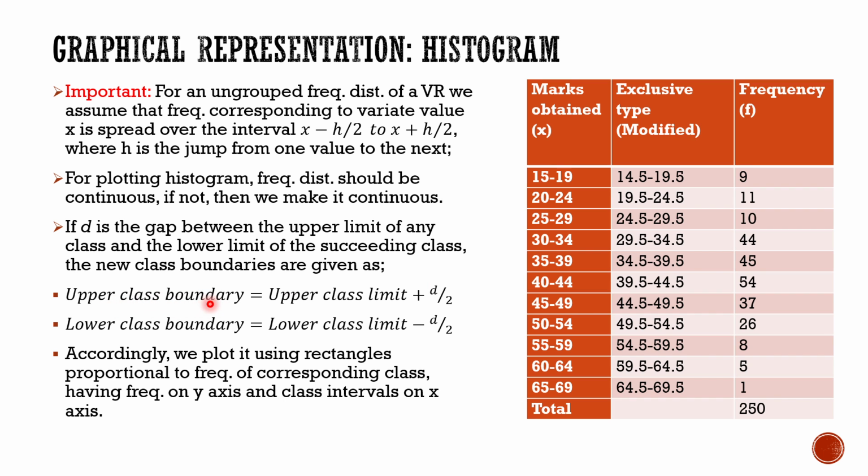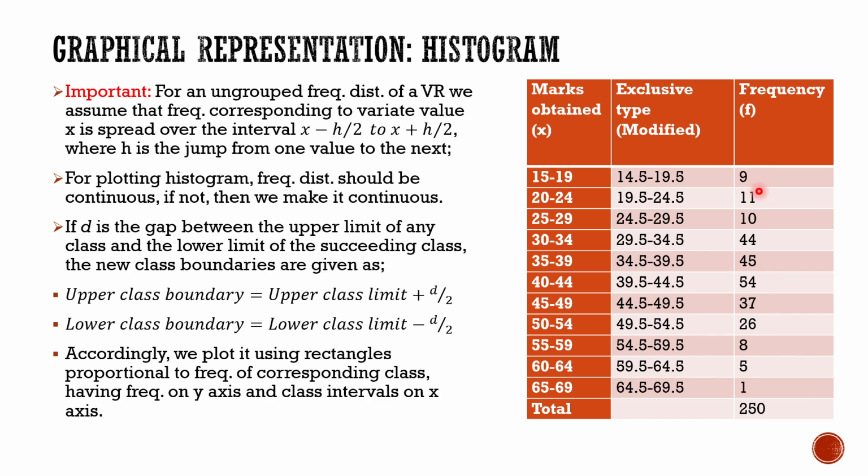For the upper class boundary, you add 0.5 to the upper class limit, and for the lower class boundary, you subtract 0.5 from the lower class limit. Like here, from the lower class limit you subtract 0.5 and get 14.5, and you add 0.5 to 19 and get 19.5. So this is how you make it exclusive.